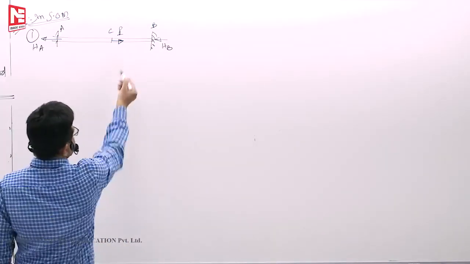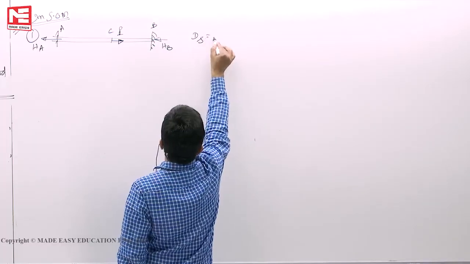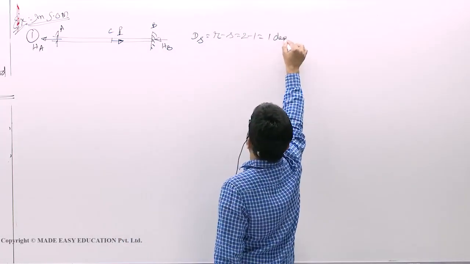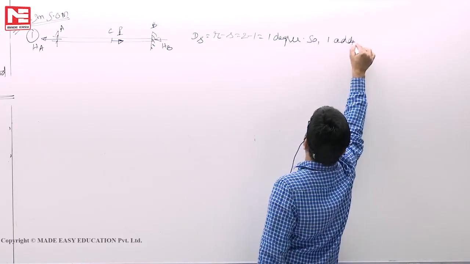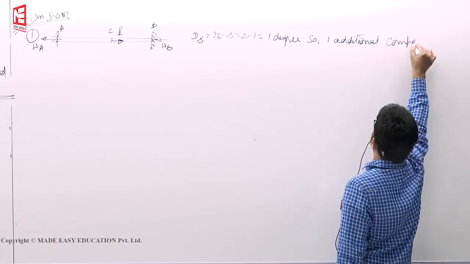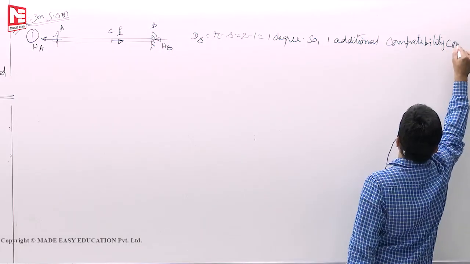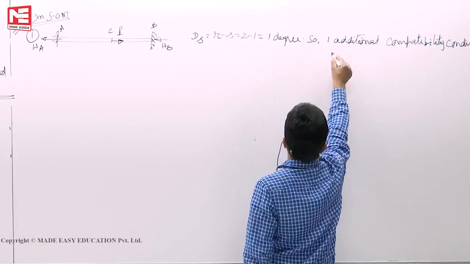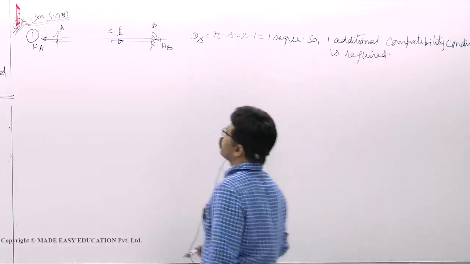Okay. What is the static indeterminacy? I have told you ds is equal to r minus s, 2 minus 1, 1 degree. So 1 additional compatibility condition is required.